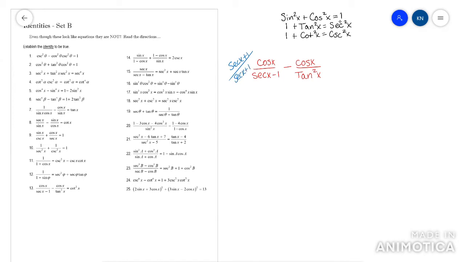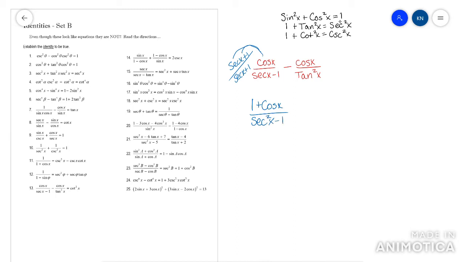like this. So when you do this on top, you're going to have to distribute a cosine to both these things. Well, cosine times secant cancels and just leaves 1. And then you've got cosine times 1, which is plus cosine. And on bottom, it makes a difference of squares, so secant squared minus 1.